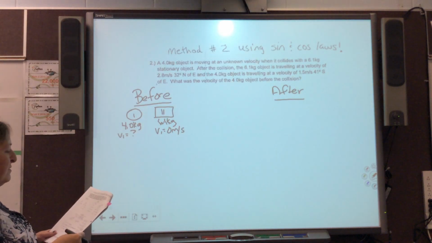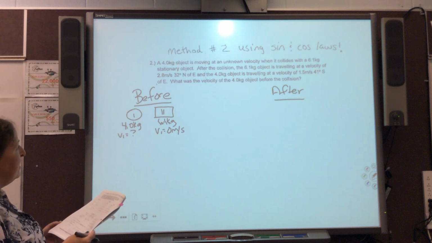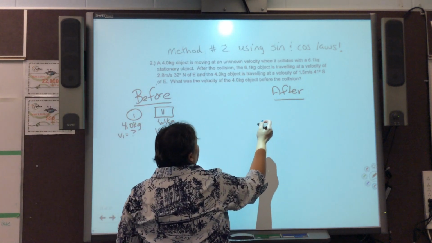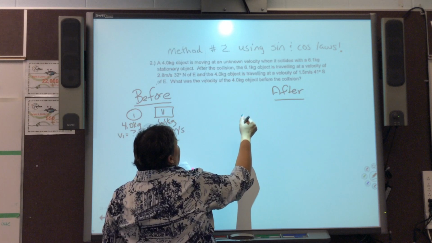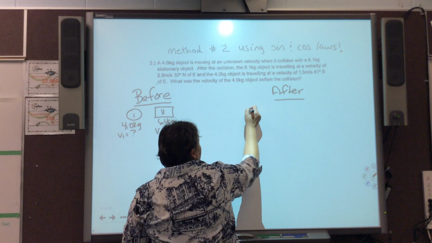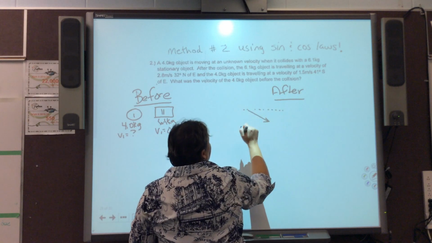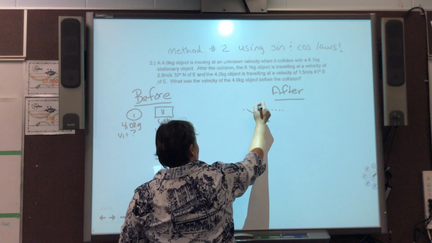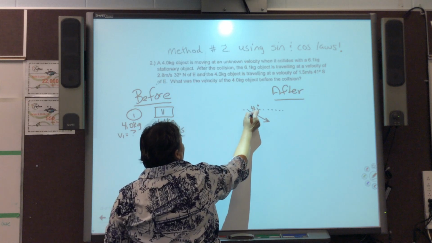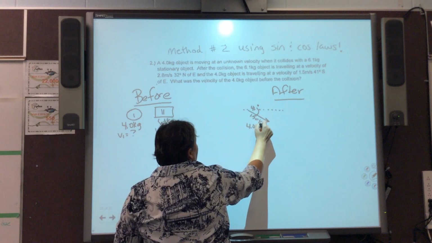After the collision, the 6.1 kilogram object is traveling at 2.8 meters per second, 32 degrees north of east, and the 4 kilogram object is traveling at 1.5 meters per second, 41 degrees south of east. So south of east is going to be this way, and so this angle here is 41 degrees. He's traveling at 1.5 meters per second, and this is 4.0 kilograms.